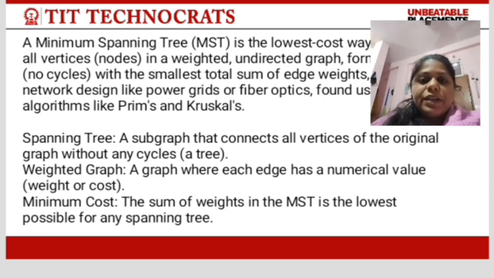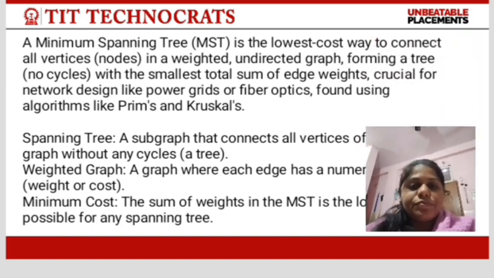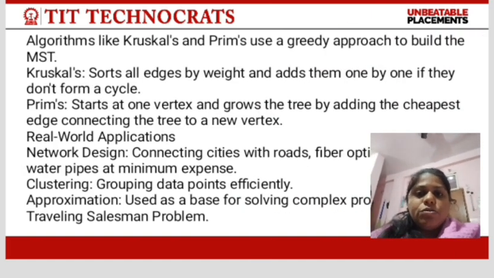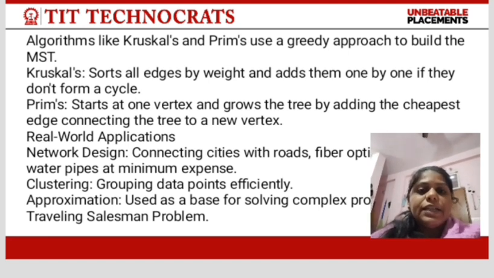Okay, so a spanning tree is for a weighted graph, a graph where each edge has a numerical value, weight or cost, and the minimum cost is the sum of weights in the minimum spanning tree, the lowest possible for a spanning tree. Okay, so Kruskal's and Prim's algorithms use the greedy approach in the minimum spanning tree.